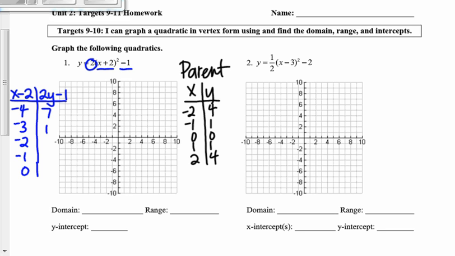And then I would get 1, negative 1, 1, 7. And these are the points that we're going to plot for our graph. So negative 4, 7, negative 3, 1, negative 2, negative 1, negative 1, 1, and 0, 7. And there is our graph.